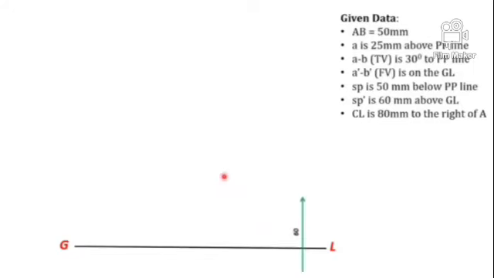Then it is given that the station point is 60 mm above the ground plane. So we all know the station point lies on the horizon plane, so you can draw the horizon line, that is a front view of horizon plane, which is at 60 mm above the ground line.